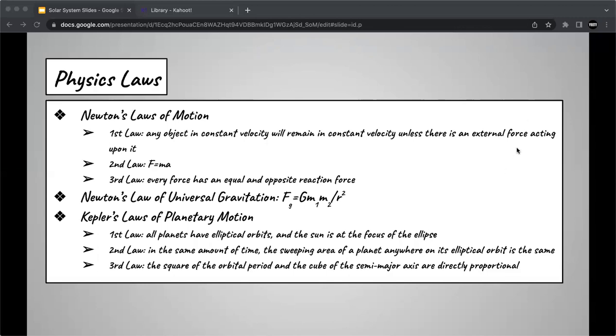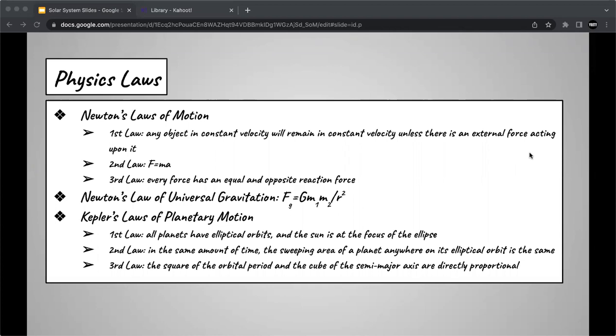Newton's laws of motion. I'm sure you all heard of it. First law, any object that is in constant velocity, which includes being stationary, will remain in constant velocity unless there's an external force. The second law just describes the relation between force, mass, and acceleration.